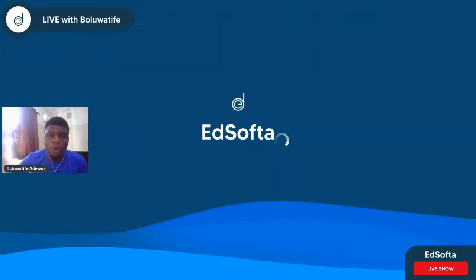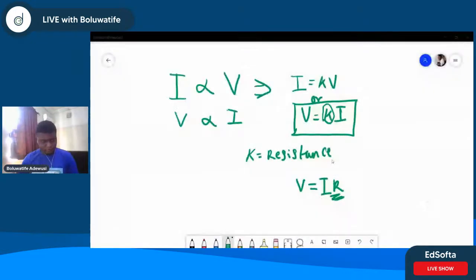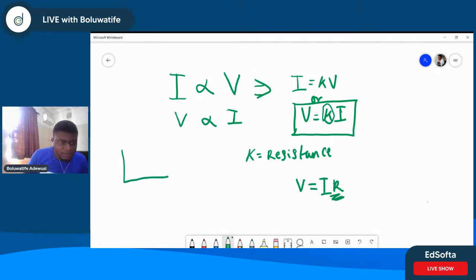So quickly, let me show you what that looks like. What does it mean to arrange resistors in series or in parallel? It's actually pretty straightforward. Pardon my diagrams, I might not be the best.